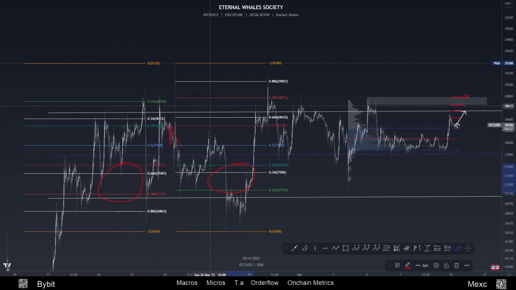And once again, at the opposite side at the top, you have the golden pocket, but also this accumulation.